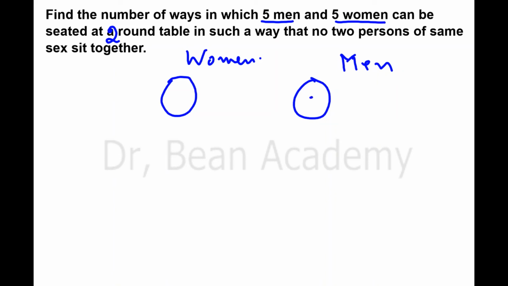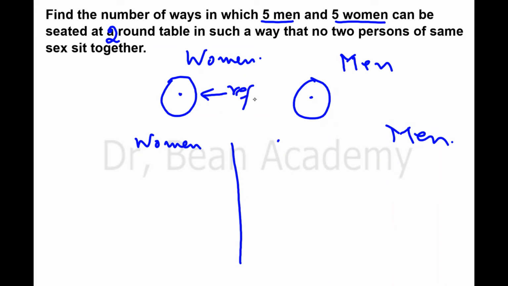Now remember, you will still calculate permutations for women and men separately. But now the situation is different. They will sit at separate tables. So you need one reference for the table where the women will sit, and you need one more reference for the men.